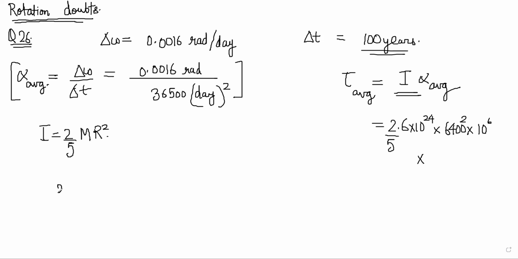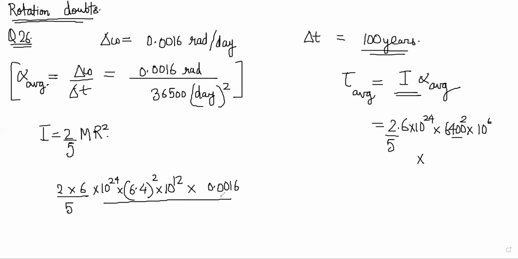So I'll just do it here: 2 into 6 by 5 into 10 power 24 into 6.4 square, and there is 1000 here, so 10 power 6 will come from here, and 10 power 6 because it is kilometers, so it will be 10 power 12, into 0.0016 divided by 36500 and day square. Each day has 86,400 seconds, so 86,400 whole square to make it second square. So this is your answer.